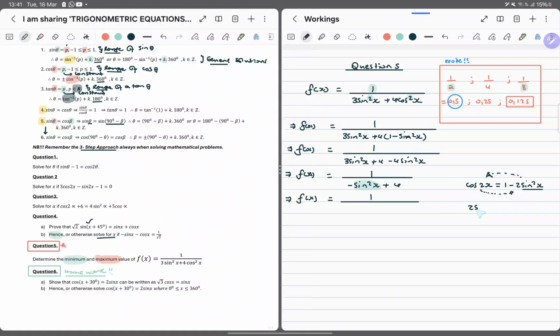So we will have 2 sine squared x is equal to 1 minus cos 2x. Then if we divide by 2, we know that sine squared x is basically 1 minus cos 2x all divided by 2. So we can say this is as good as 1 minus cos 2x all over 2, plus 4.